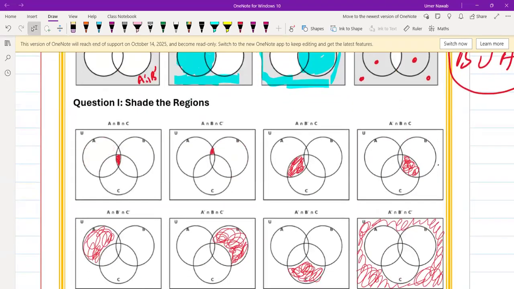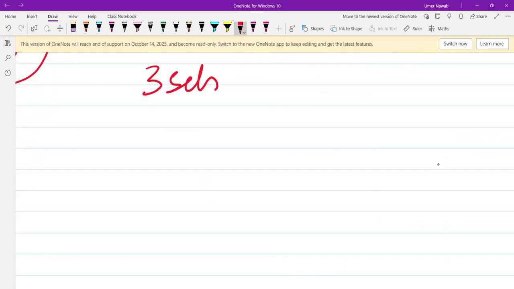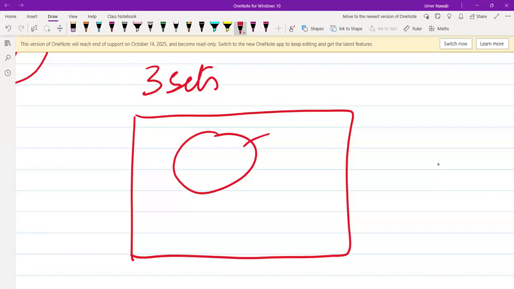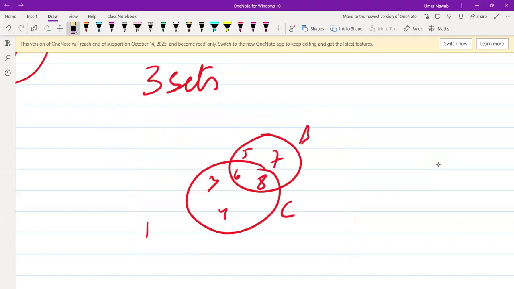Wow. Now we reach the three sets category. So let's talk about three sets. As I already told you, there are 8 regions if all three sets overlap. 1, 2, 3, 4, 5, 6, 7, and 8. There are 8 regions we have.